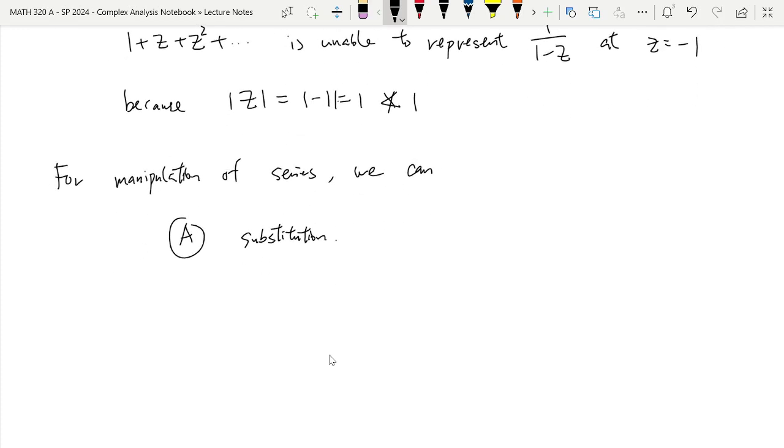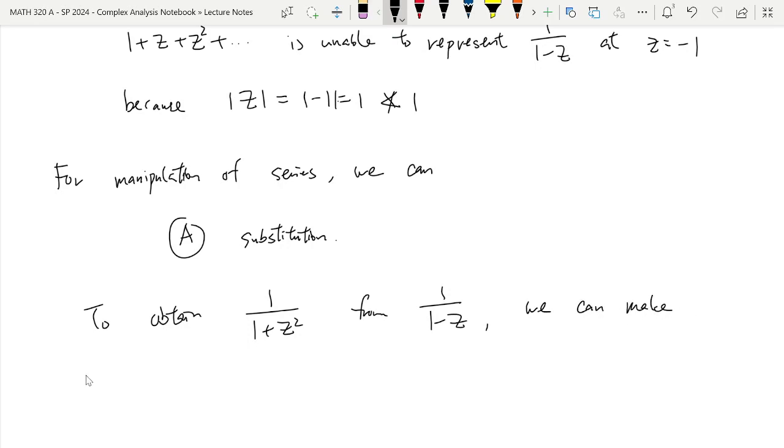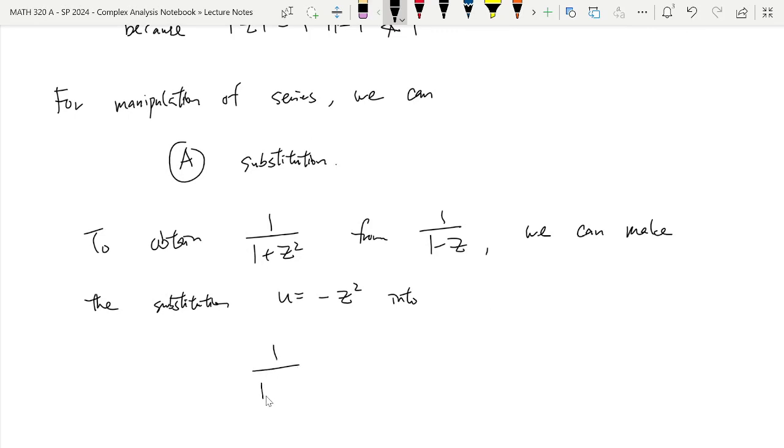So this is technique A. To obtain 1 over 1 plus z squared from 1 over 1 minus z, we can make the substitution u equals negative z squared. Let me write it more verbosely.